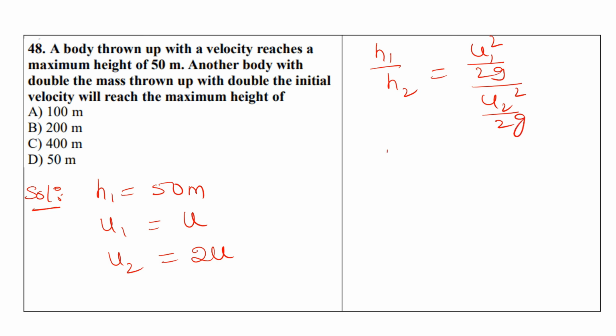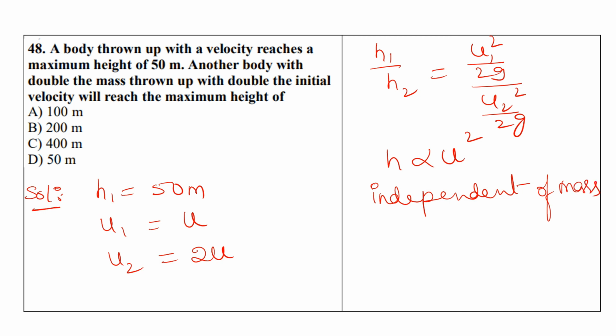Here from this, h is directly proportional to u square. It is independent of mass. So substituting values, 50 by h2 is equal to u1 square by u2 square, 2g gets cancelled.